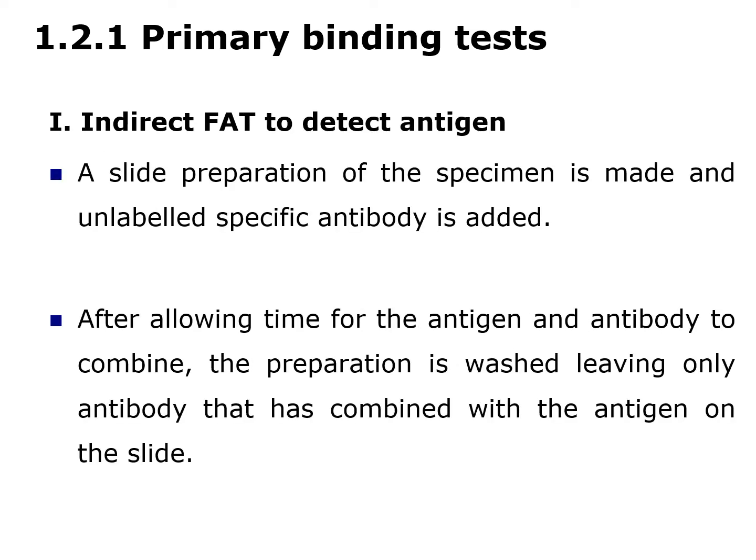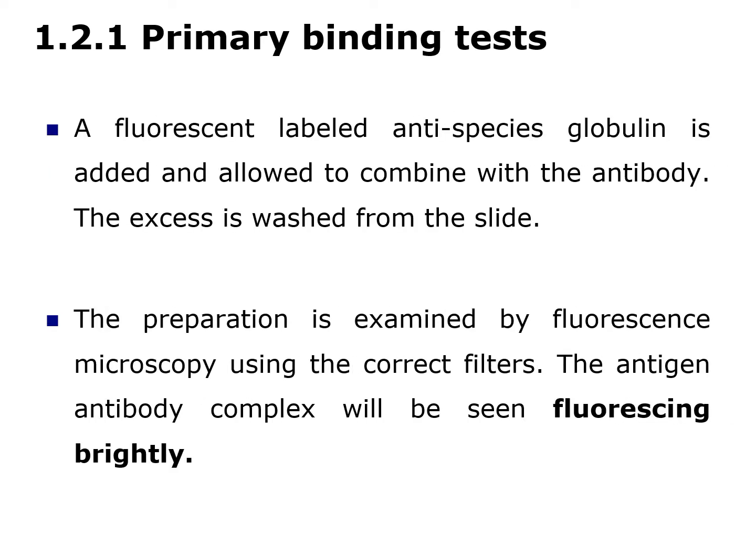Right, so this is the procedure. A slide preparation of the specimen is made, and we add the unlabeled antibody. Right, and then after some time for incubation, we're going to wash the antigen-antibody mixture so that we can remove the unbound component. Right, so the next step is to add another antibody.